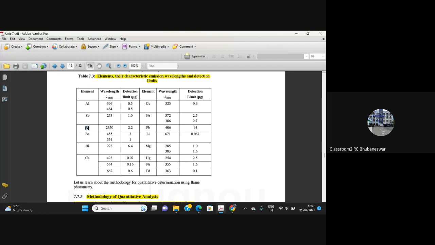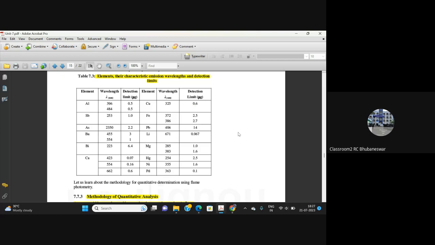Arsenic, so easily by using flame photometry also, you can study the presence of these elements: calcium, bismuth, lead, then nickel, palladium. They have a certain range of wavelength, lambda max, and a detection limit.